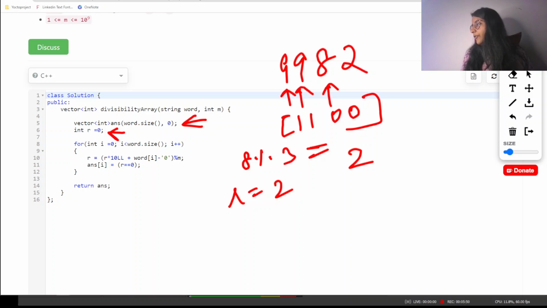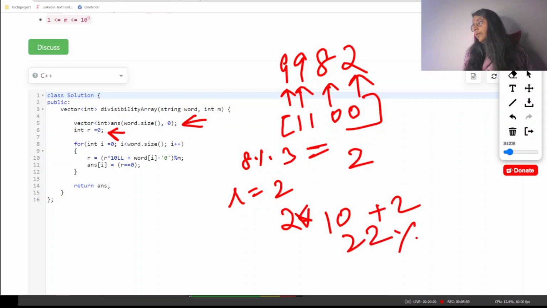Then comes the part for this 2. Now r was having the value 2. So 2 into 10 plus 2 is now 22. And when we do modulo with 3, we get 1, right? So r is again not equal to 0 here, so the answer would be 0 here as well.